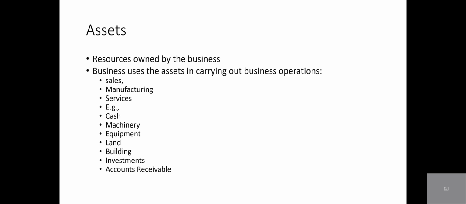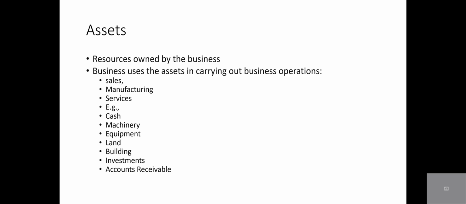Assets. Assets are resources owned by the business, and in fact, businesses use the assets in carrying out their business operations. Assuming the company is a merchandise company, let's take the example of a grocery store. I'm sure everybody goes to a grocery store at least a couple of times a month to shop. Their operation, without going into details, is making sure the shelves are full, making sure they get their products from their suppliers, and making sure the products are available for customers.